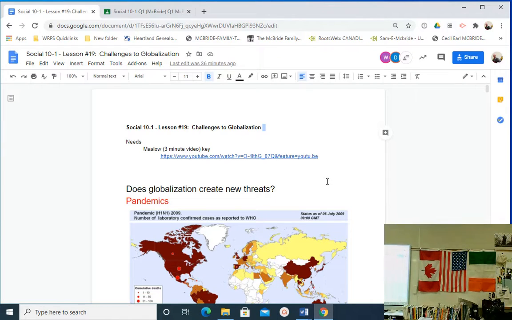Maslow was a psychiatrist and a psychologist, and through psychology, he studied the hierarchy of needs for mankind. We must meet these ones before we can move on to the next stage in the hierarchy. And once we meet these ones, then we can move up the hierarchy to the next stage.